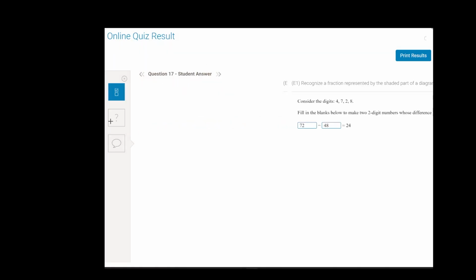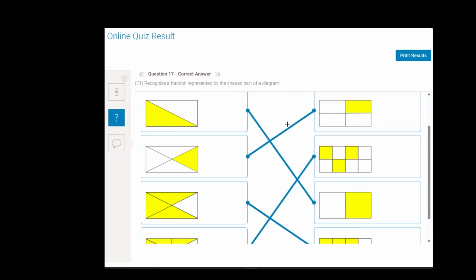Question 17. Okay, which of them is like 1 out of 2? This is 1 out of 4. 3 out of 8. 1 out of 2. So you match this. 1 out of 4.